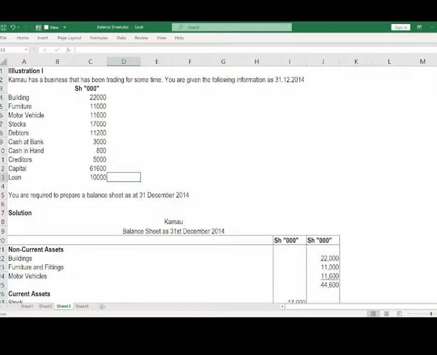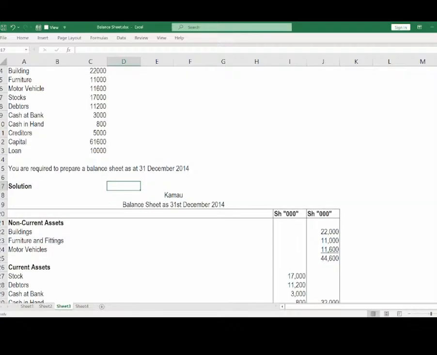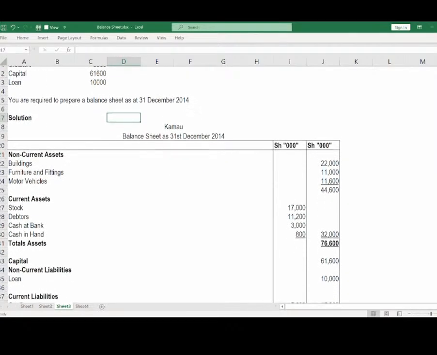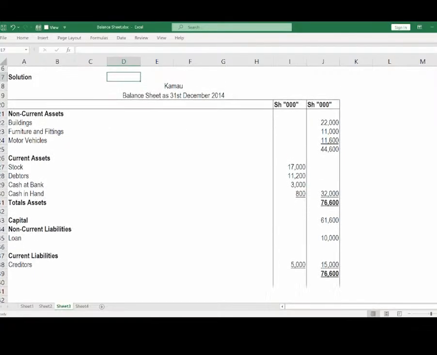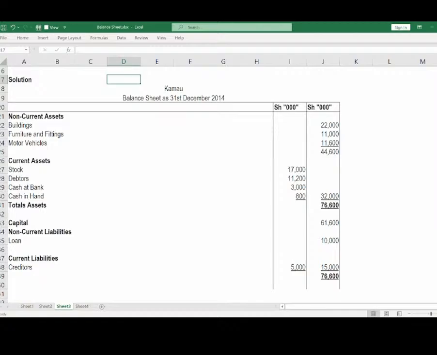So you are required to prepare a balance sheet as at 31st December 2014. So you are going to use, let's look at the vertical format as it is mostly recommended. So we start with the title.